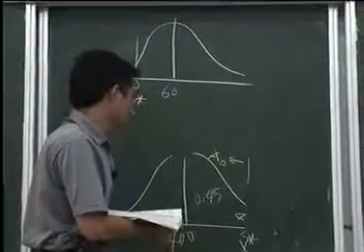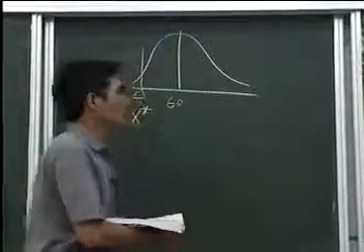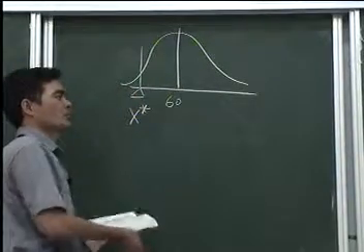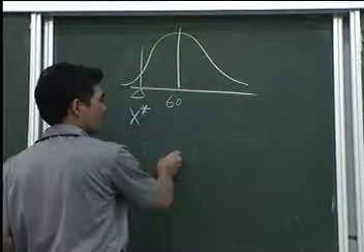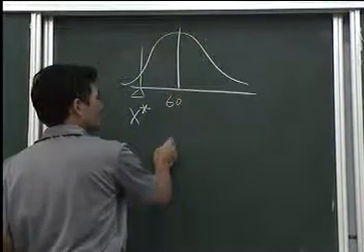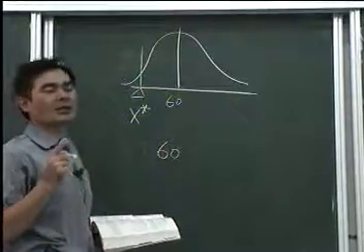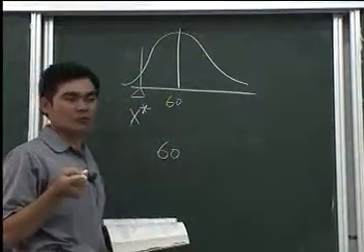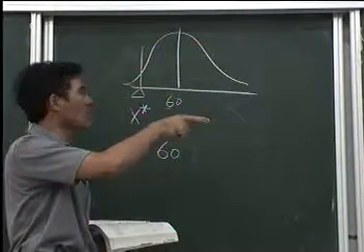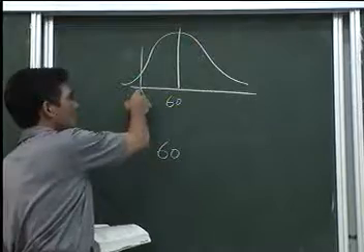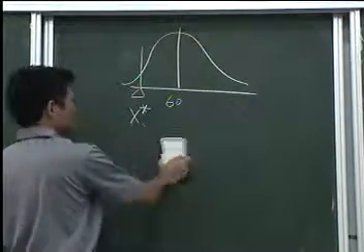Because now it is a T distribution, you need to figure out, this will be 60. Because in this case, you are still assuming H naught is true. Let me give you the formula first.